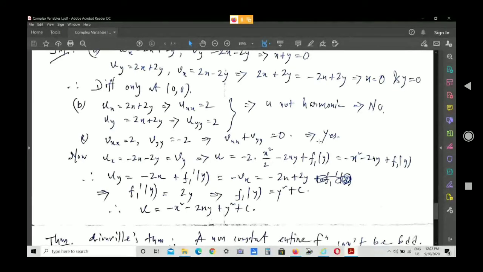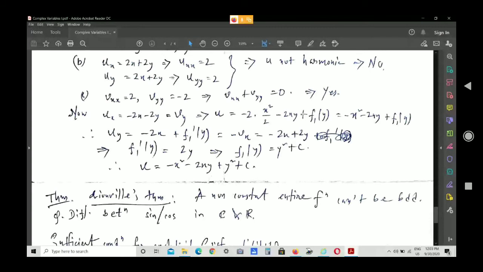Since it is harmonic, it can be the imaginary part of some function. If your answer is yes, then give an example. So we have seen that the function is harmonic, therefore such a function may exist. Now if it exists, you have to find that function.